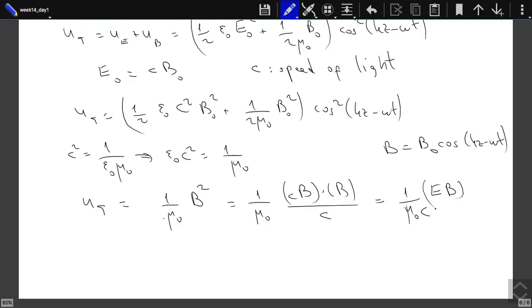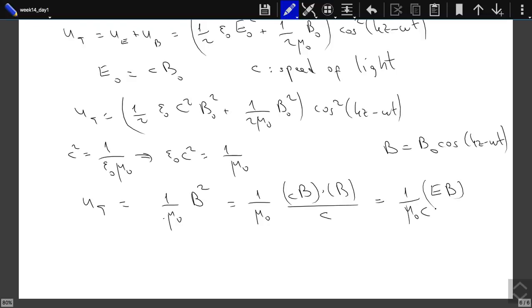I just found the relation between E0 and B0. I just put it in the definition of the energy densities. And I saw that the energy density of the electric field at a given point at a given time is equal to the magnetic energy density at the same point. So these two are equal, because c squared is equal to 1 over epsilon 0 mu 0.